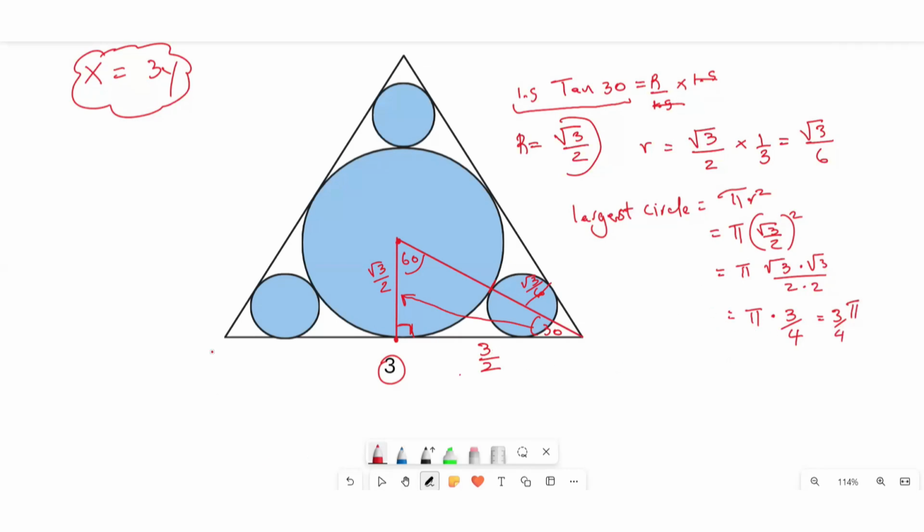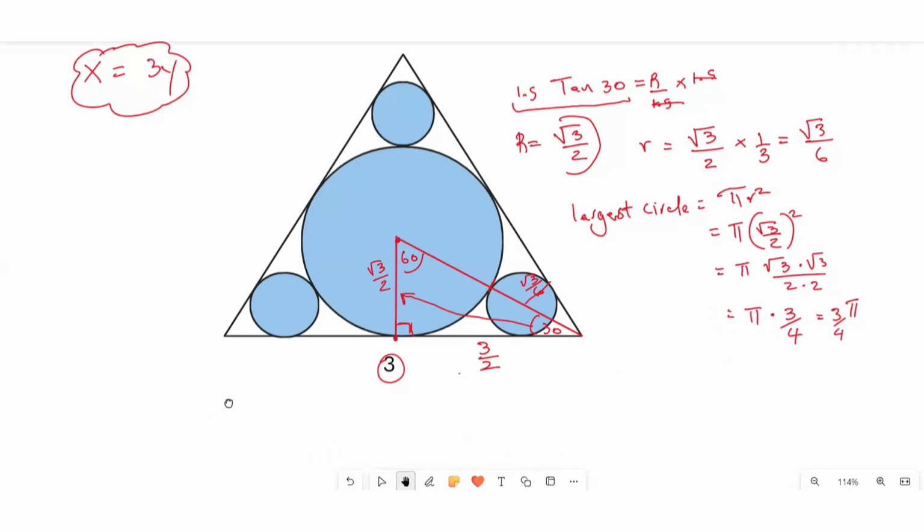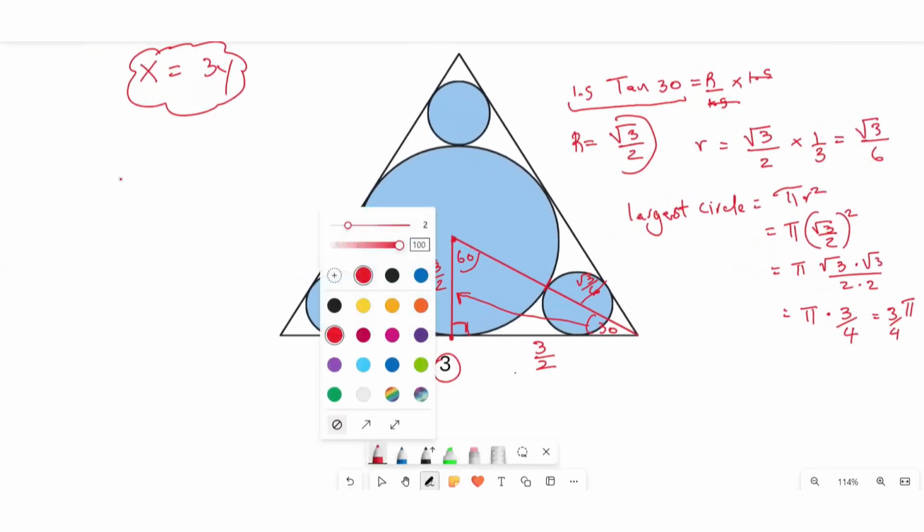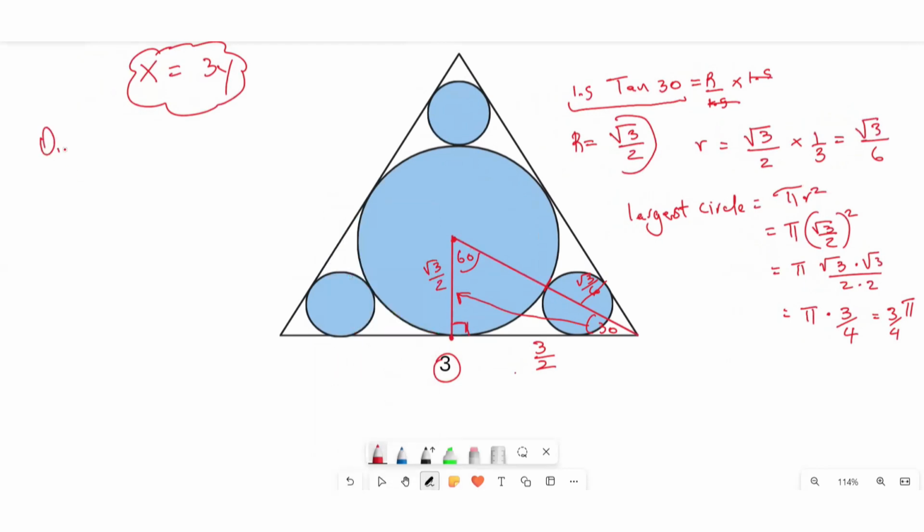Now I'm going to find the area for the small circle and then multiply it by 3 because there are 3 of them. So let's work with one of them first. So one small circle. The area is the same formula, pi r squared. But remember though, I'm keeping pi as pi for now. What is r?